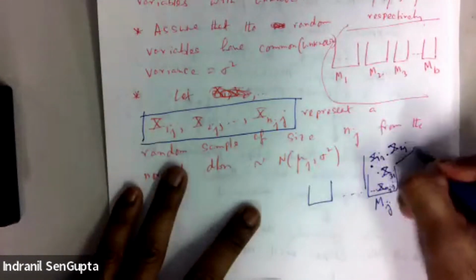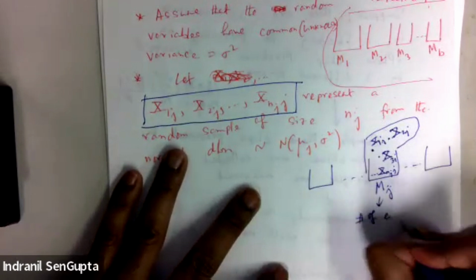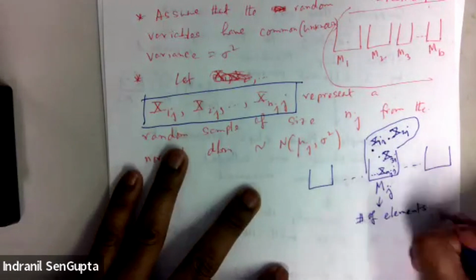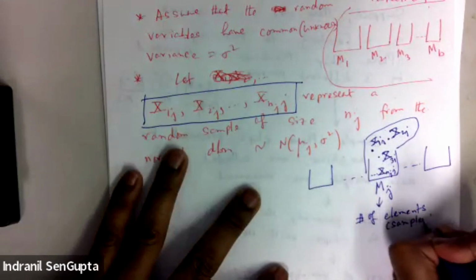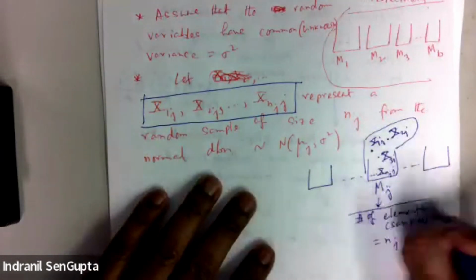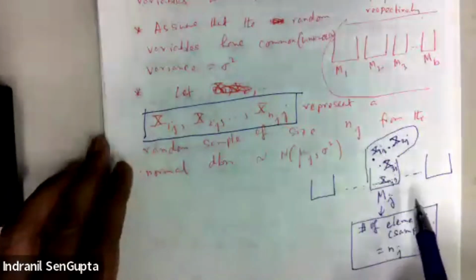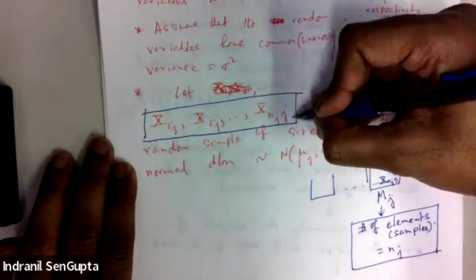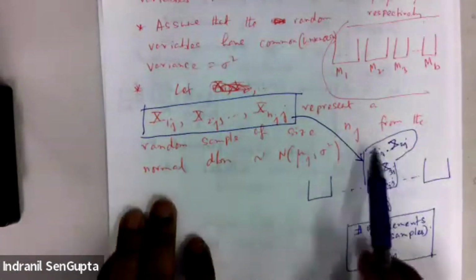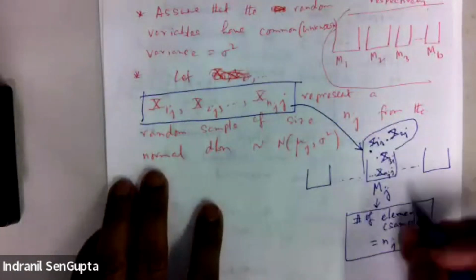So how many elements are here? The number of samples equals n sub j, right? So it's 1, 2, 3 all the way up to n sub j. So that really gives me the number of samples for the jth bucket, and I'm talking about this one. So I'm talking about the random samples of size nj, and we are assuming that they are from a normal distribution with mean mu sub j.